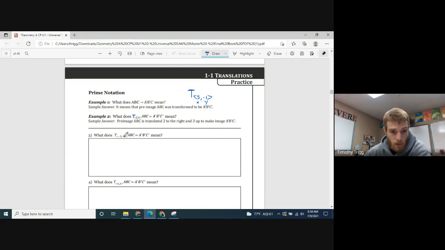Now, what does this one mean? We have T, and then the subscript -2, -2. So we'll copy what it says here, but change the numbers. The pre-image ABC, and the pre-image is always listed first in these transformations, is translated.